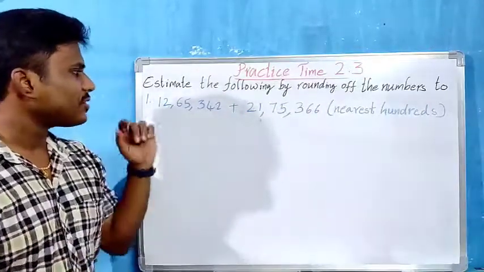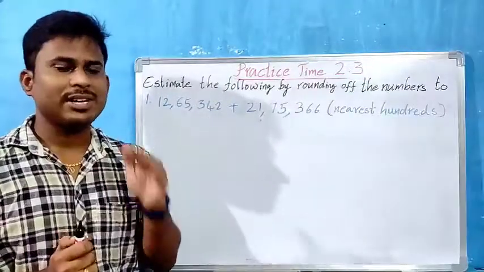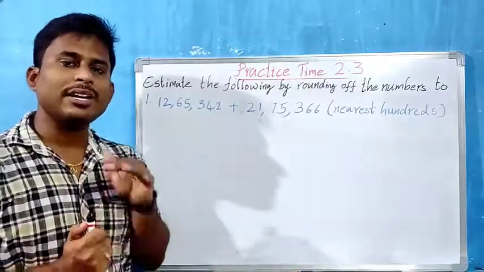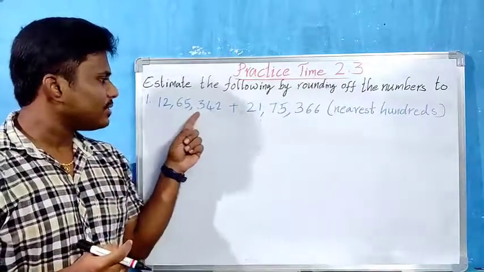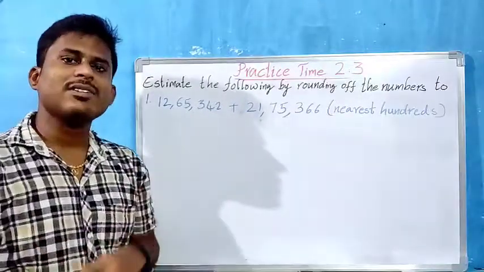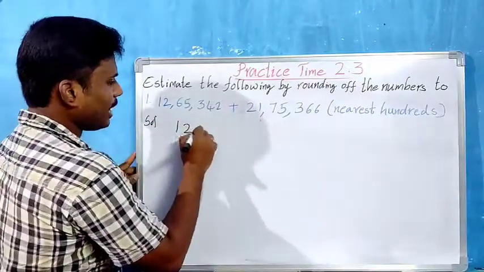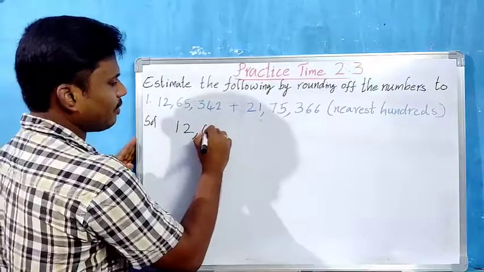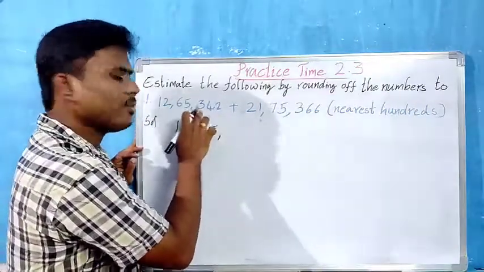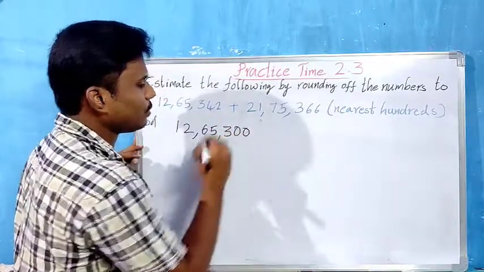When we are rounding off to the nearest 100, we have to look at the tens place, whether it is less than 5 or greater than 5. It is less than 5. When it is less than 5, the digit in the hundreds place will be the same and the digits to the right will be zeros. The left digits we write the same. Since it is less than 5, we write 3 as it is and place zeros.